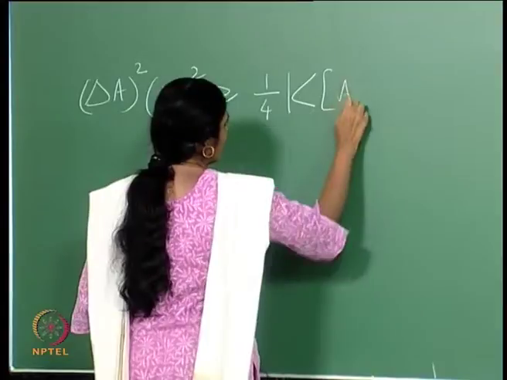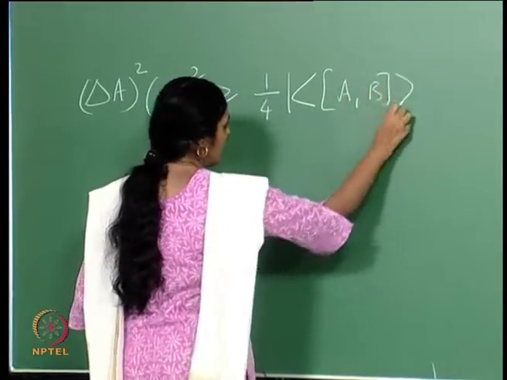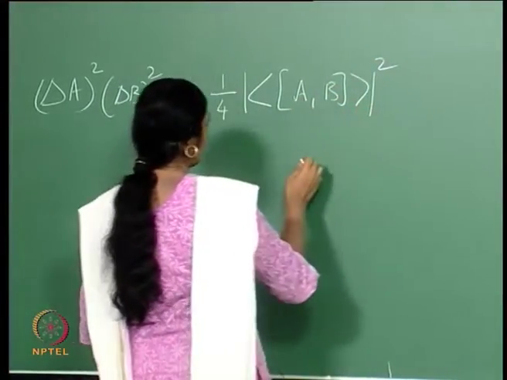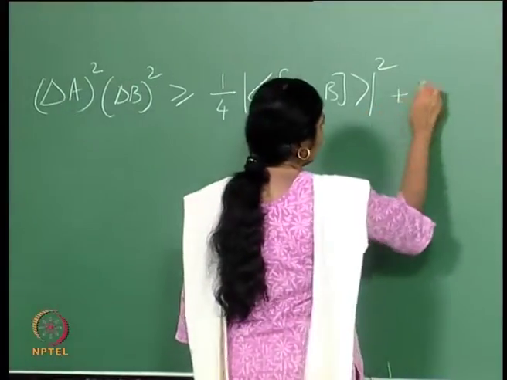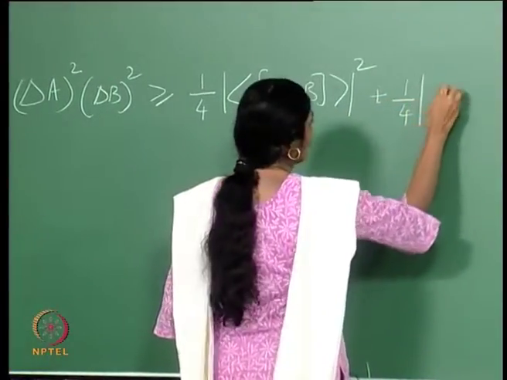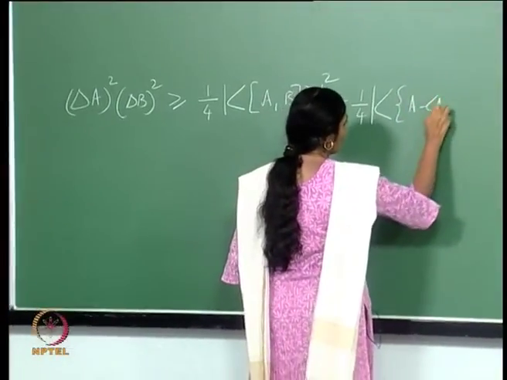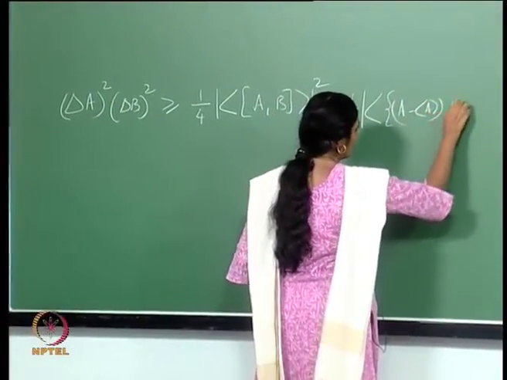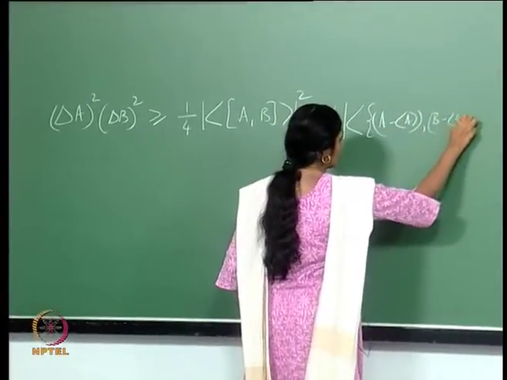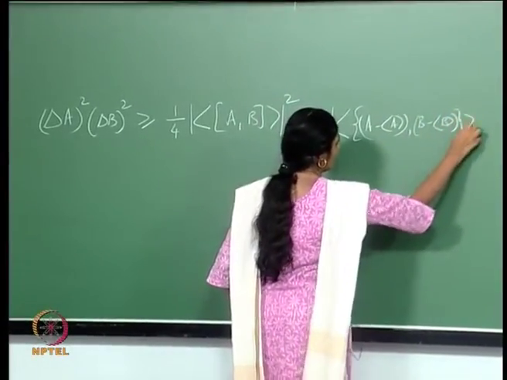One had the commutator of A with B, its expectation value mod square times quarter, and the other had the modulus of the expectation value of the anti-commutator of A minus expectation value of A with B minus expectation value of B.